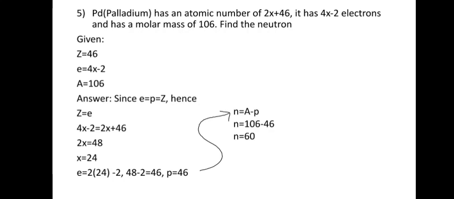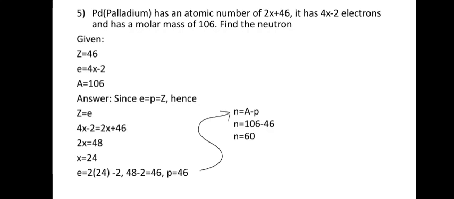So we're going to substitute it. We get 4x minus 2 equals 2x plus 46. We get 2x equals 48, and then x equals 24. To find the electron, put the 24 into the x. So we get electron equals 2 times 24 minus 2, so we get 48 minus 2 equals 46.